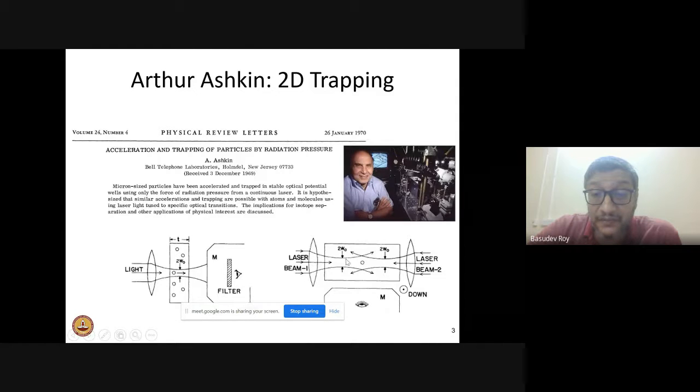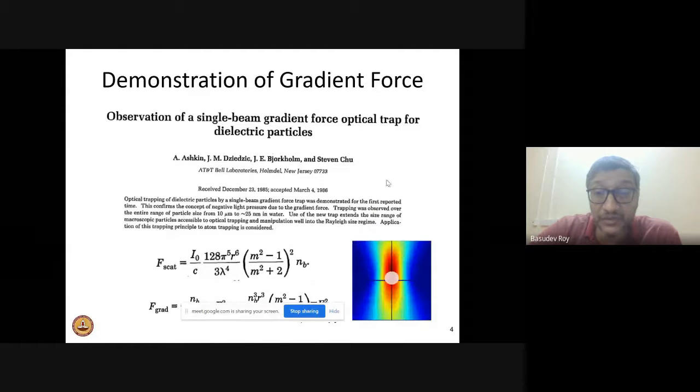So here the confinement is by 2 opposing beams. You will get confinement along the radial directions using the optical tweezers beams, and using the 2 opposing beams, you can get confinement in the axial direction. So this was the first thing he tried. After that, later on, he also showed that if you use a very high numerical aperture lens, you can confine it directly in 3 dimensions.